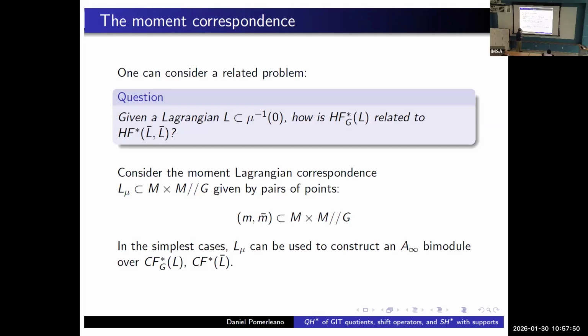Basically the general theory of quilted Floer theory allows me to construct, in the simplest cases, an A infinity bimodule over these two algebras.